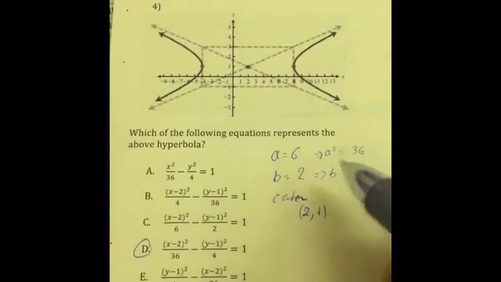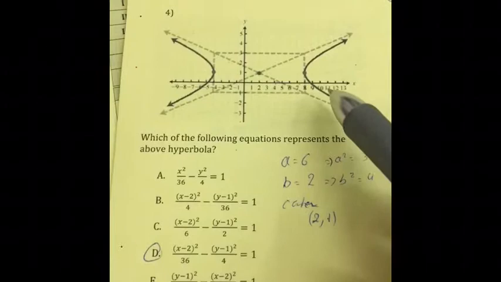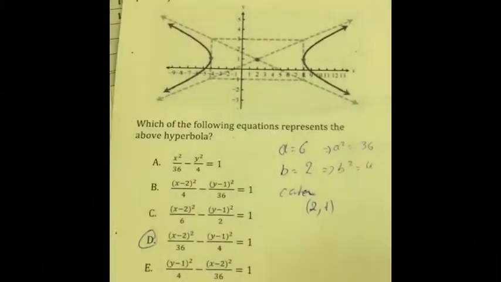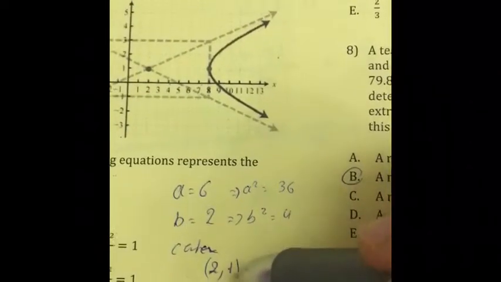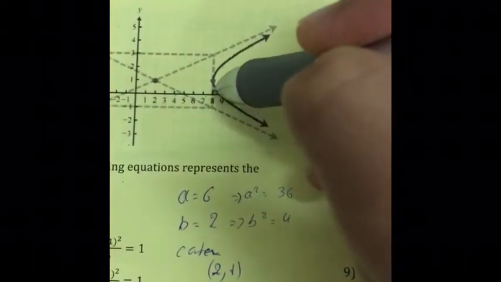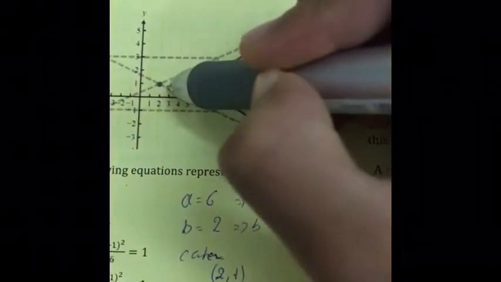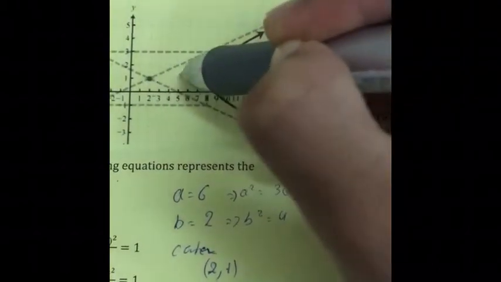Here it's asked to write the equation that represents this hyperbola. So we need to find a and b. First of all, we have the center, which is 2 and 1, and a is the distance between v1 and the center, which we count from 8 to 2, it's 6.